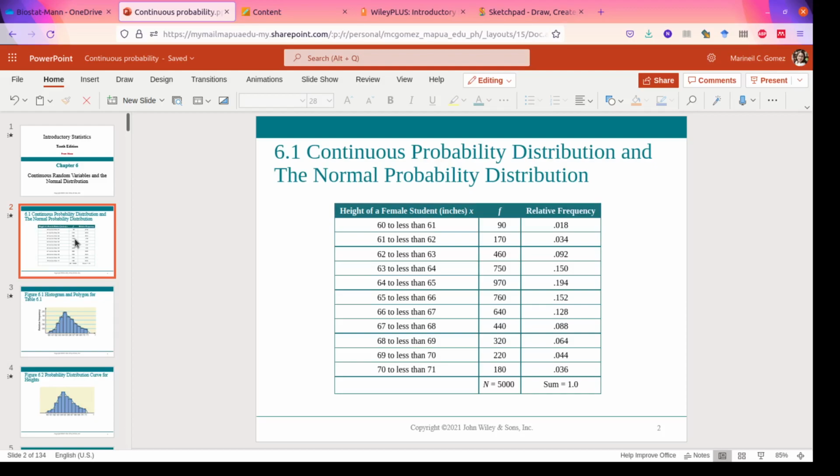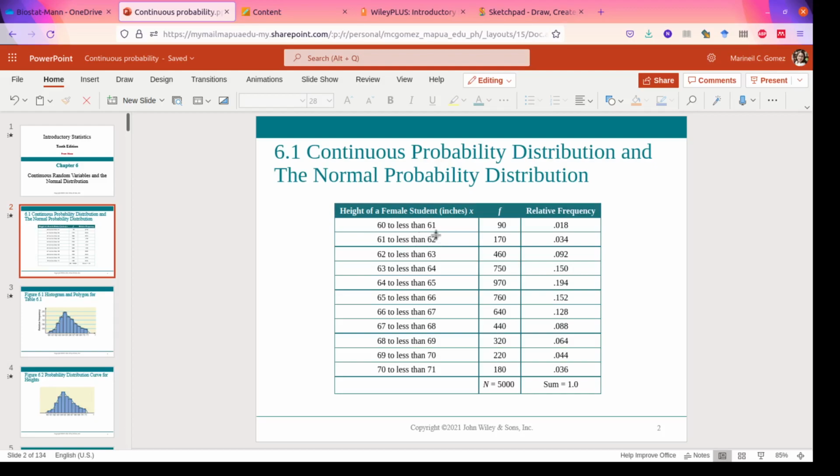An example is the height of female students in inches. It doesn't look like a continuous random variable because this has been categorized already. What you can see here is a continuous variable that was changed into somewhat like a discrete variable.